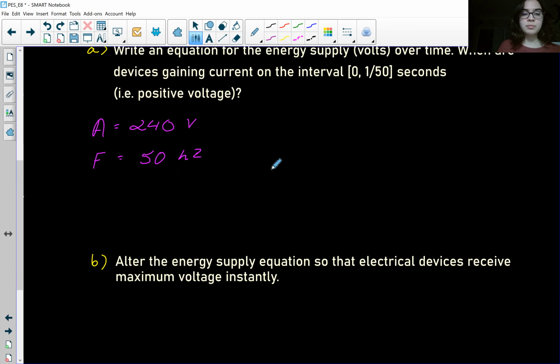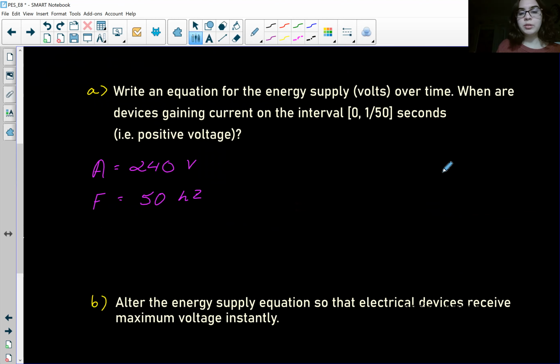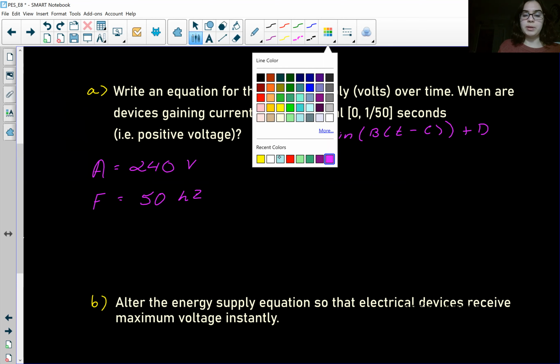And to construct our equation, I can write out the general form here. So we have sine of b times t in this case. That is our general form, and we want to use this to help us figure out what goes where.